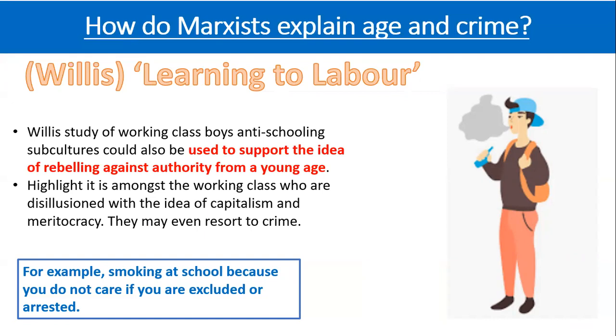So maybe Willis doesn't explicitly say it's because they have no commitments, but you could say that young working class people in the study were anti-establishment because they thought the system, in this case the education system, was pointless to them. So it highlights how working class people could be disillusioned with the idea of capitalism and meritocracy. So, for example, smoking at school because you do not care if you're excluded or arrested.